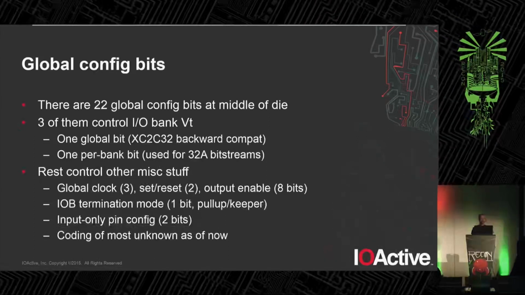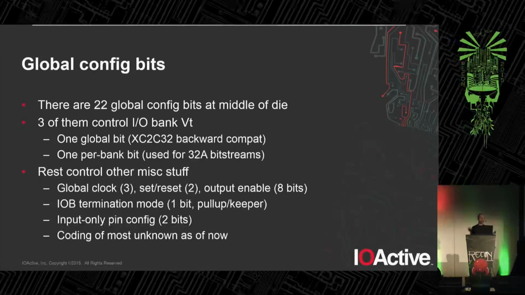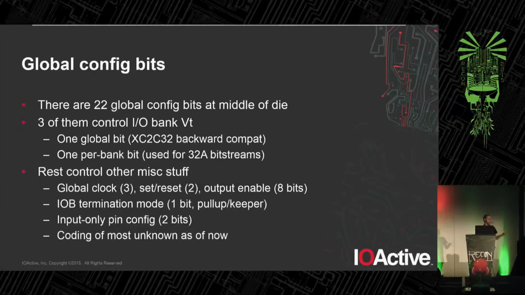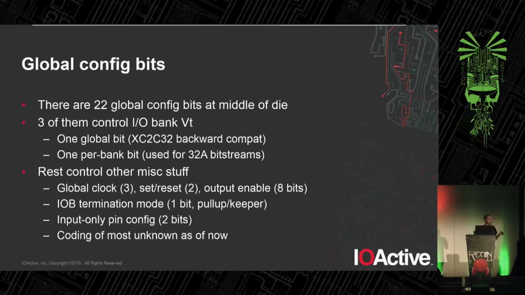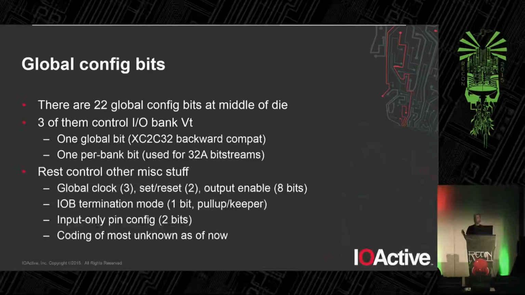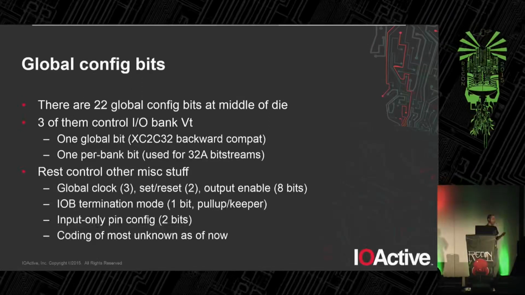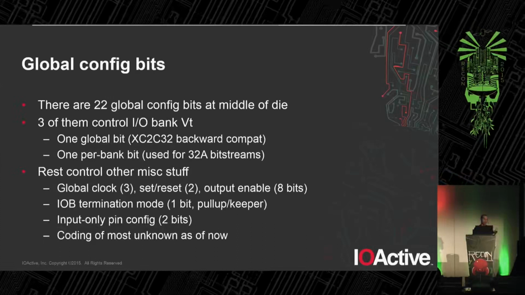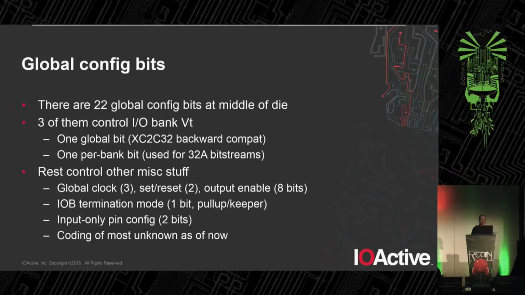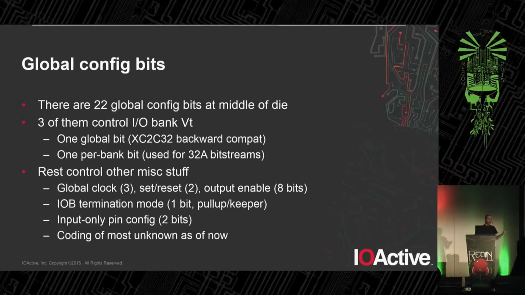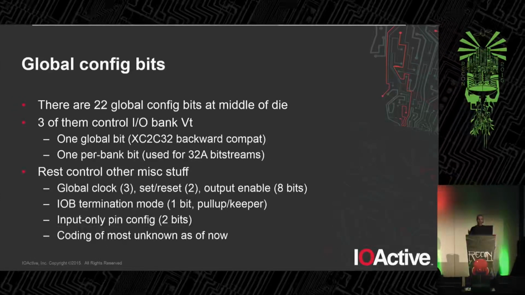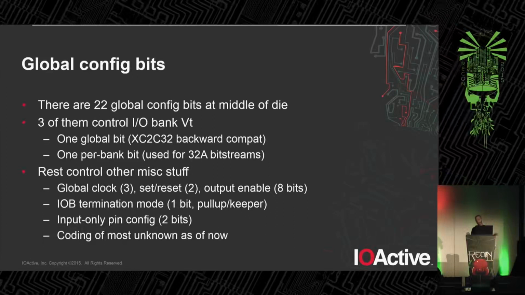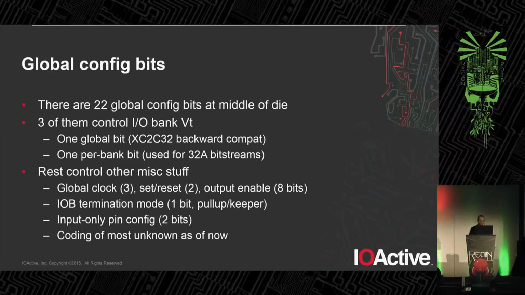The newer ones are 2 additional per bank bits, so it actually just does a bitwise AND between the global bit and the per bank bit. If you erase the device and you don't program these last couple of fuses, then you will get the default XC2C32 behavior, in which you've got 1 I/O standard for everything. If you're compiling for the 32A, now you set that other bit as a constant 1, leave the other one set the way you want, and now you get the ability to set VT for each bank independently. So it's actually pretty clever.